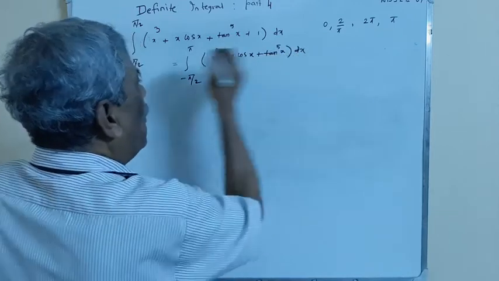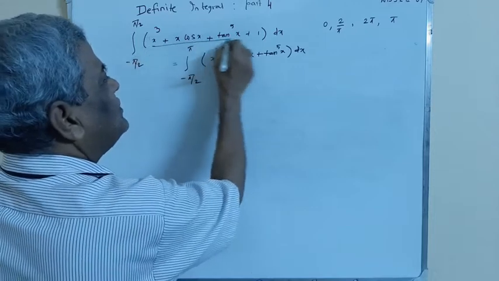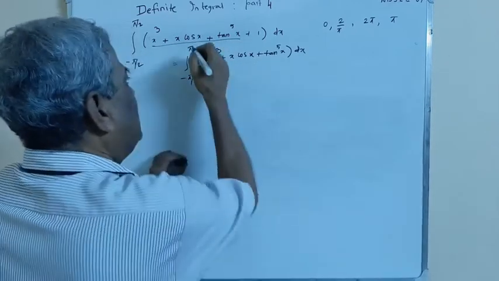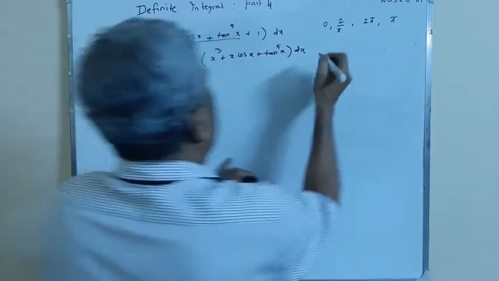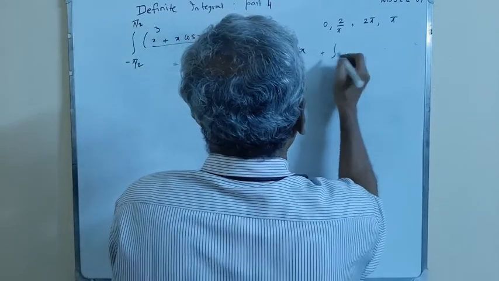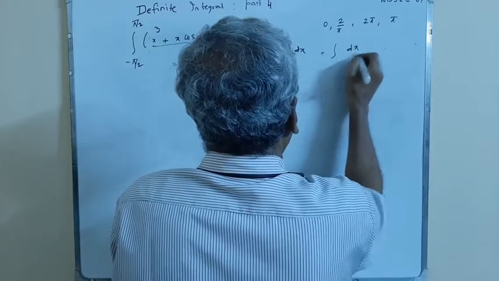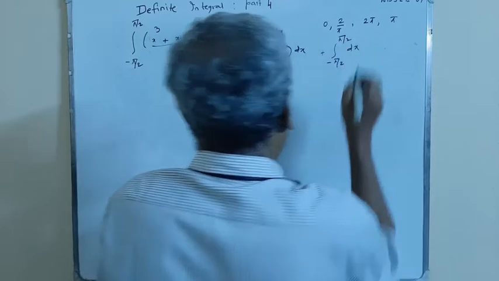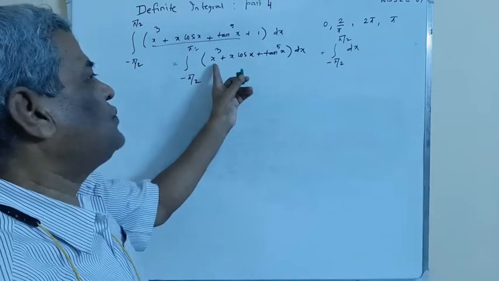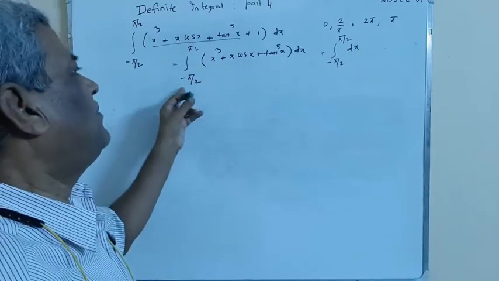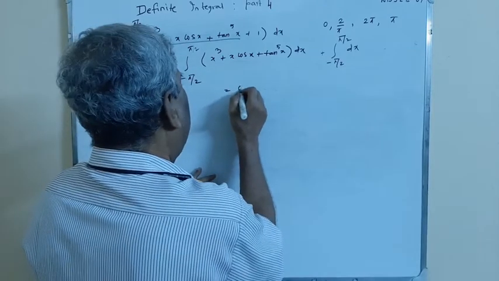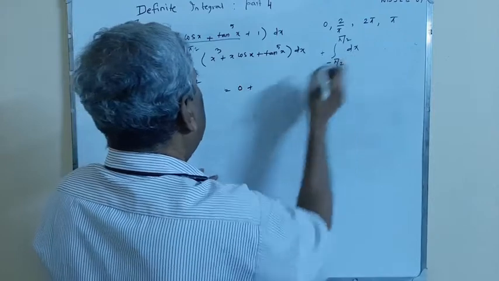The odd function part, this part is an odd function. I take this separately, and the remaining one is 1 into dx from minus pi by 2 to plus pi by 2. Now, because this is an odd function of x and the interval is symmetric, this is simply 0, plus this one.